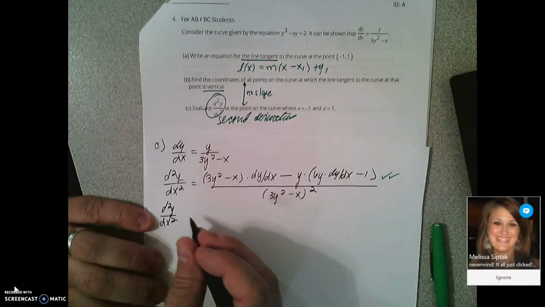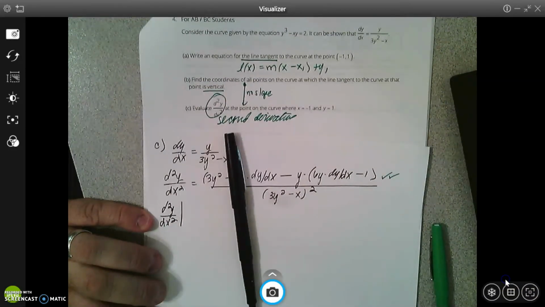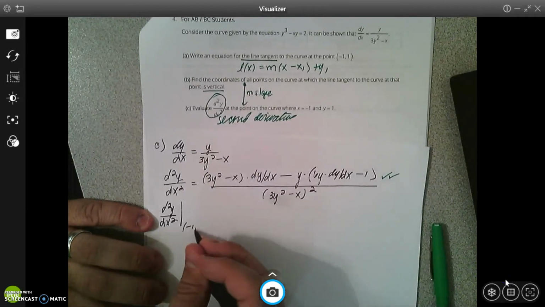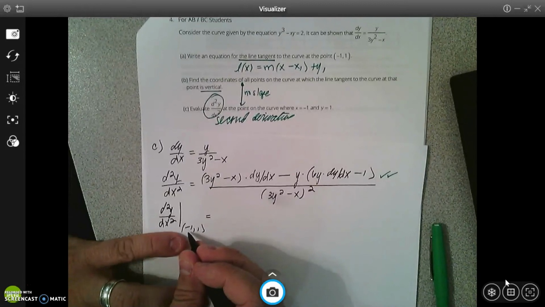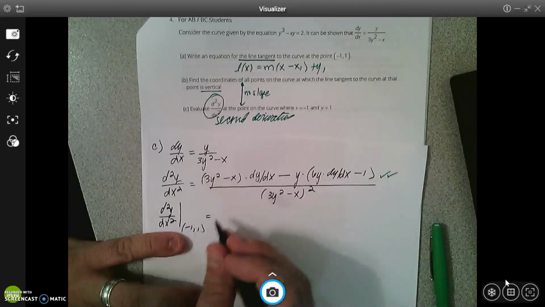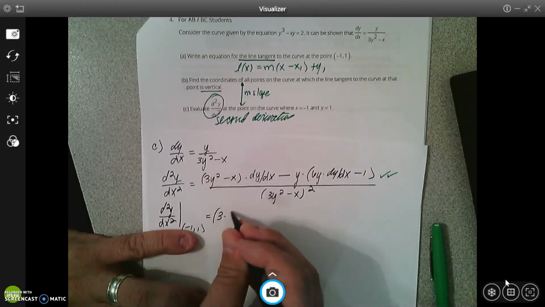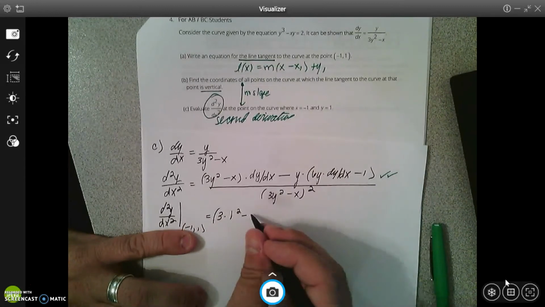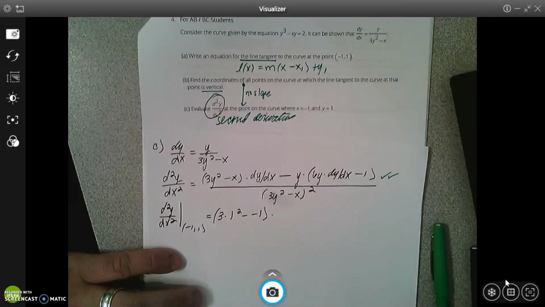evaluate the second derivative at the point (-1, 1). That means everywhere we see x, we're going to evaluate at -1. Everywhere we see y, we're going to plug in 1. So 3 times 1 squared minus -1 times dy dx.